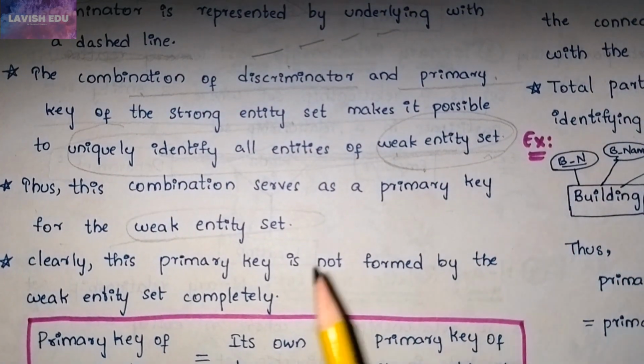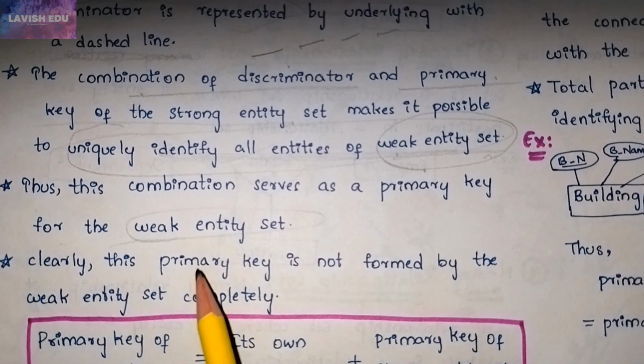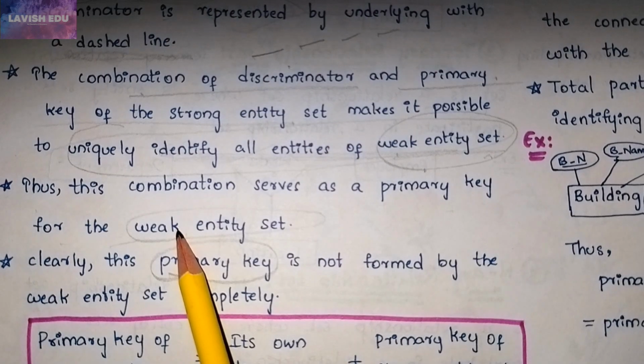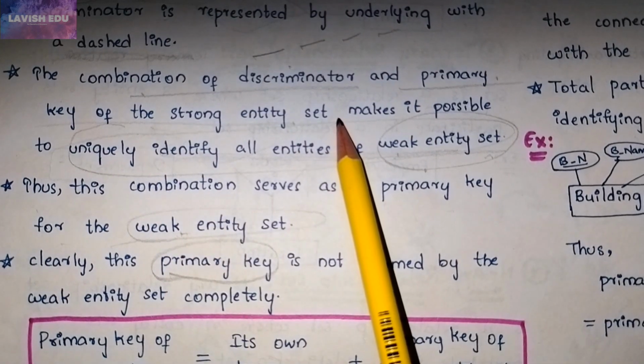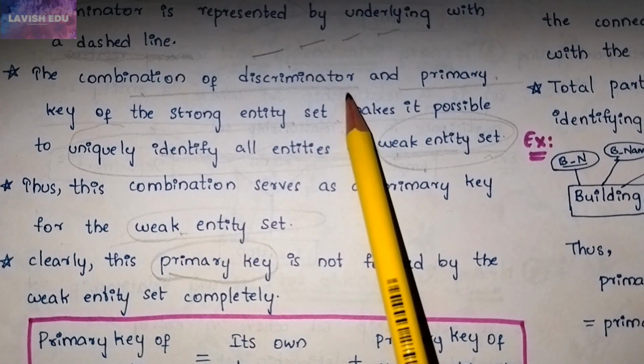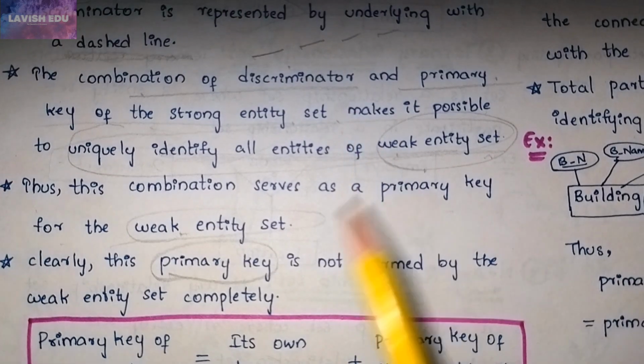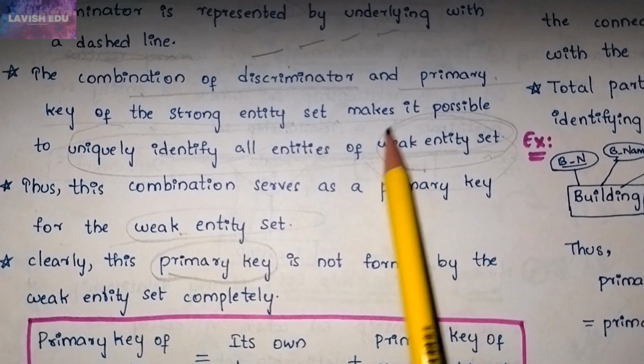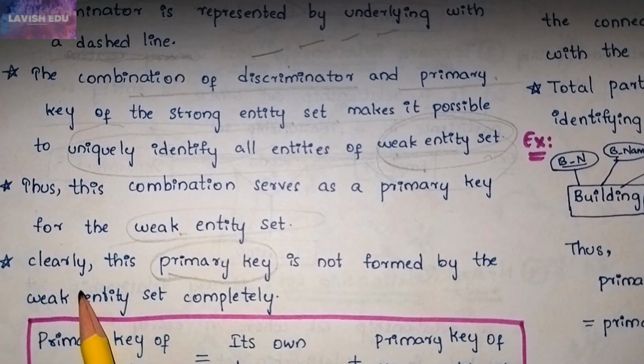Clearly, this primary key is not formed by the weak entity set completely. Here we are borrowing this primary key from the strong entity set with the help of the discriminator. That is, discriminator plus primary key of the strong entity makes it a uniquely identifying weak entity set.